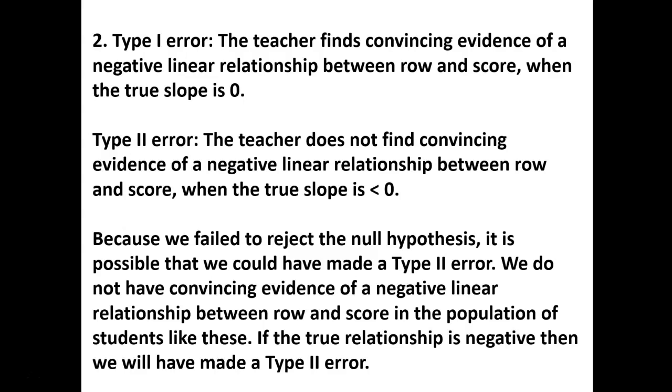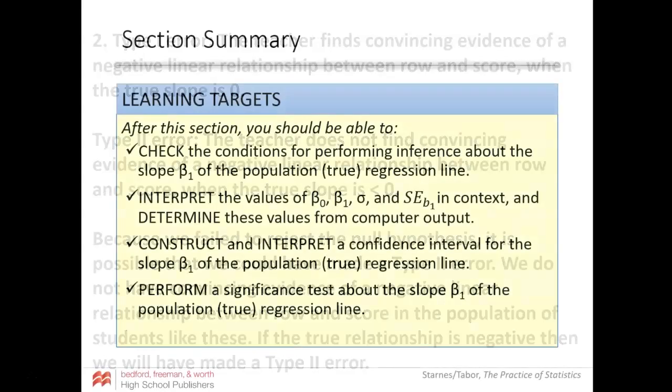Because we failed to reject the null hypothesis, it's possible we made a type 2 error. That means we didn't have convincing evidence of that negative linear relationship, but in actuality, it's true. In the context of this problem, the teacher might be living her merry life thinking, oh, it doesn't matter where kids sit, when in actuality, sitting in a certain spot in the classroom made a difference on test scores for some of these kids.